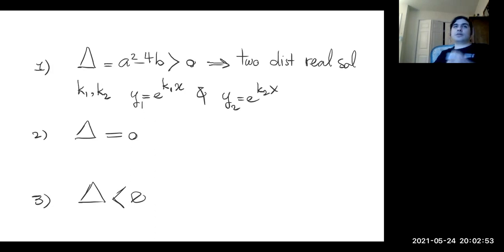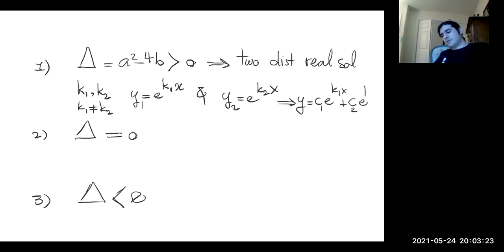These are solutions to the differential equation we started with. Because an ordinary differential equation of second order has at most two linearly independent solutions, and these two are linearly independent since k1 and k2 are different, these are all the solutions. Any solution is a linear combination of these two: c1 times e to the k1x plus c2 e to the k2x.